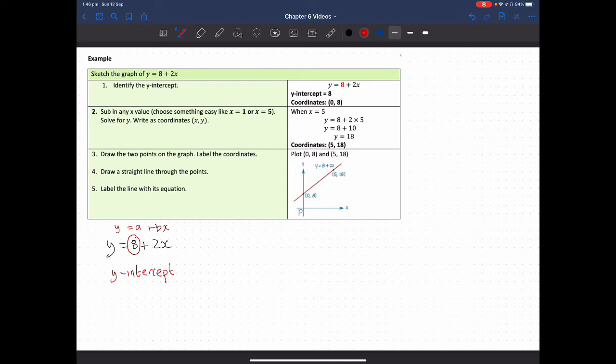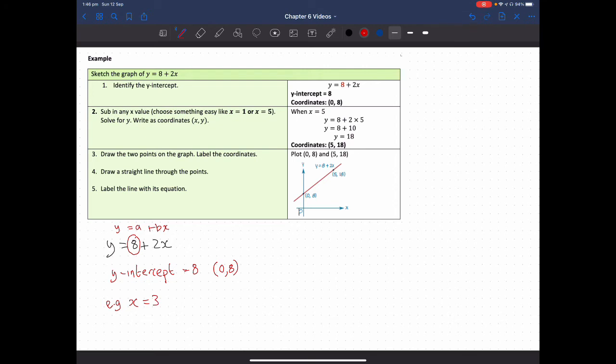As a point, we can write that as 0, 8. To draw our straight line, we need 2 points. We have one that we have just found from the y-intercept, so we're going to pick another point. To find this other point, we pick any number for x, for example, x is equal to 3.